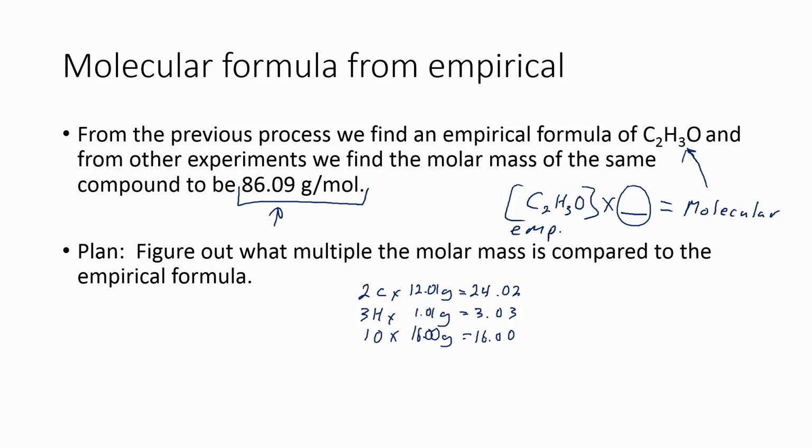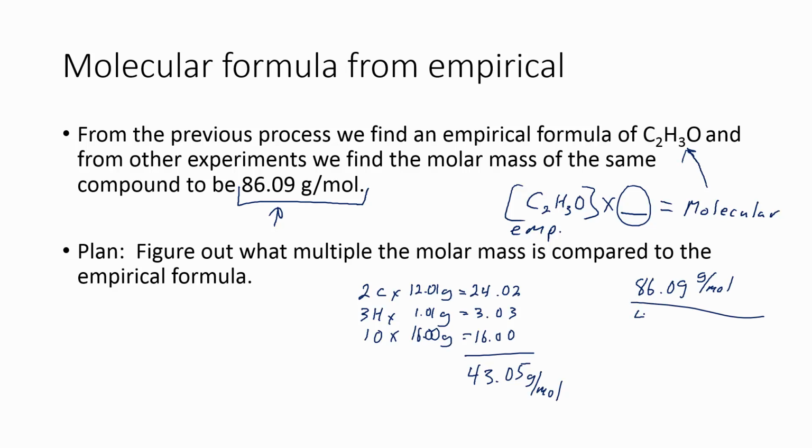And so this is the molar mass of the empirical formula. 24.02 plus 3.03 plus 16 gives us 43.05 grams per mole.